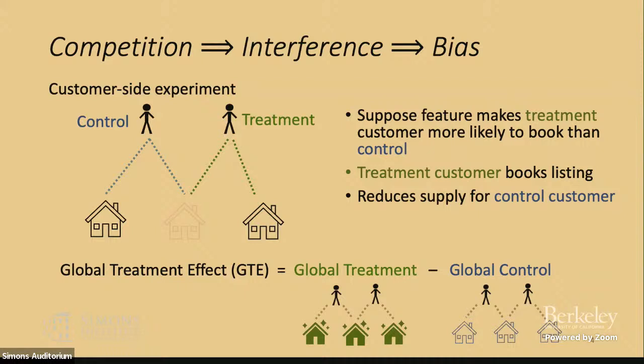And so in this experiment condition, they're actually facing more competition than they would have been in the global control world. And so these experimental outcomes for the control customer are actually not representative of a global control outcome. Because of this, you'll end up underestimating the amount of bookings by control customers, overestimating the bookings by treatment customers, and you'll end up overestimating the treatment effect in this case.